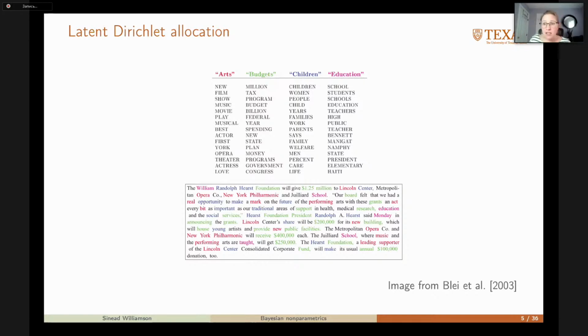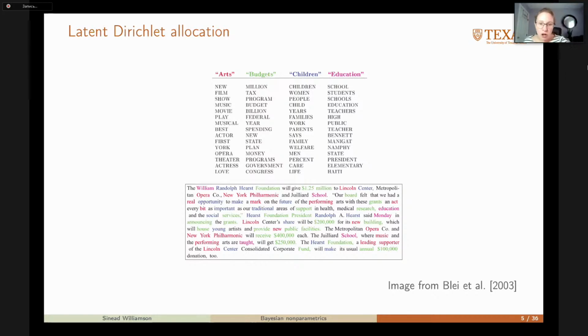Right? And this makes sense because words can mean different things in different contexts, right? If I'm talking about children in an article about family dynamics, that's clearly in the context of a family, whereas if I'm talking about children as a synonym for pupils in a school, that's clearly in an educational context.